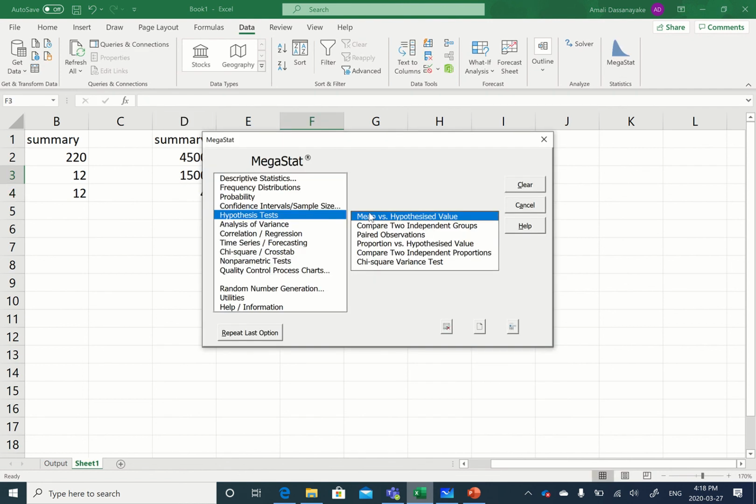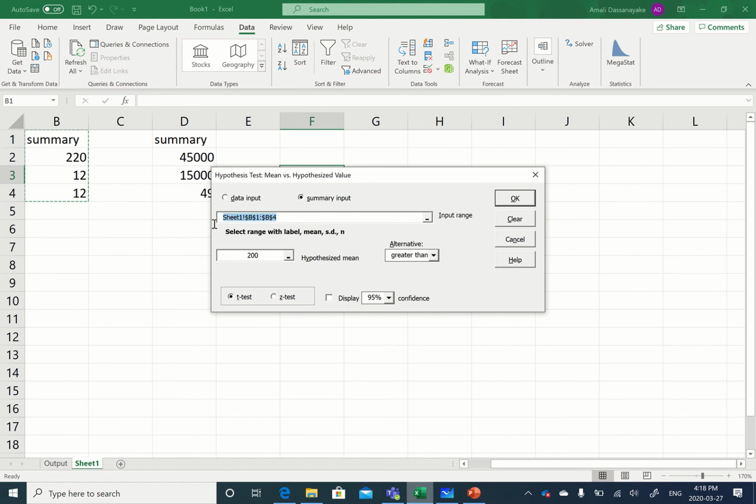MegaStat, mean versus a hypothetical value. Select the summary. The hypothesized value is 40,000. Alternative still greater than. Now we have to switch to z test, z.